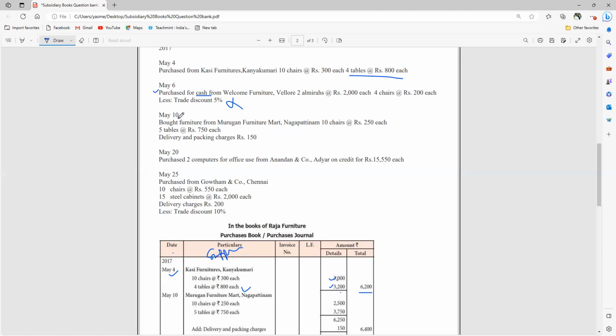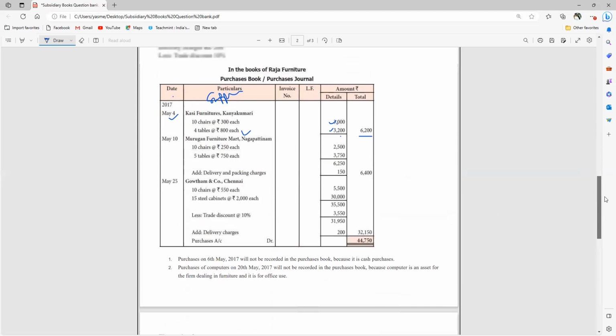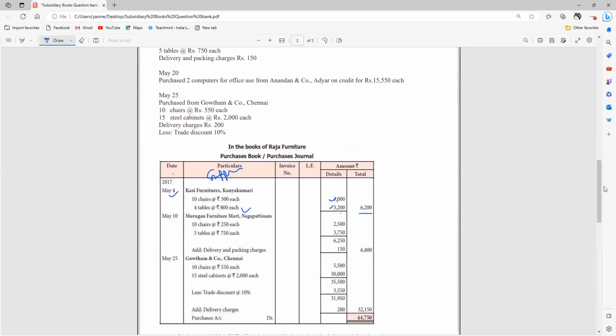Next, May 10th, bought furniture from Murugan Furniture Mart, Nagapattinam, 10 chairs at rupees 250 each, 5 tables at rupees 750 each, delivery and packaging charges rupees 150. So here, let's record it because it's not a cash transaction. On May 10th, purchase from whom?